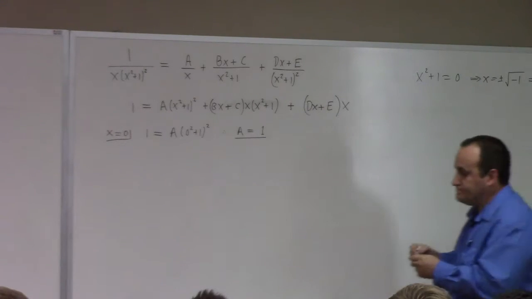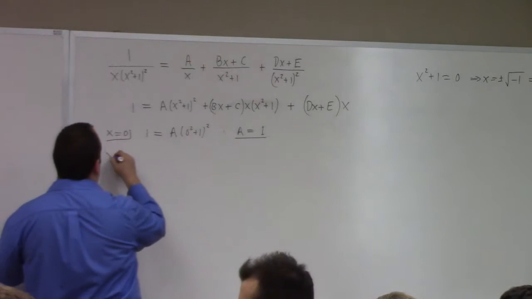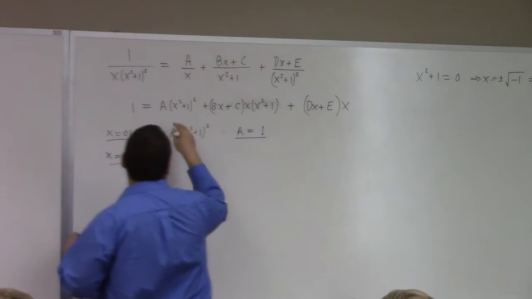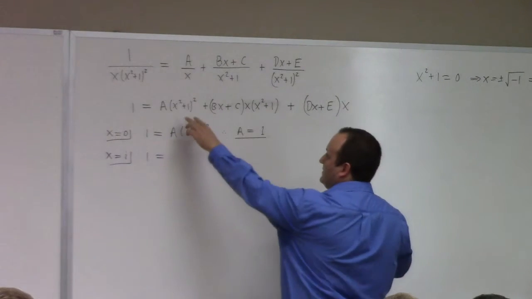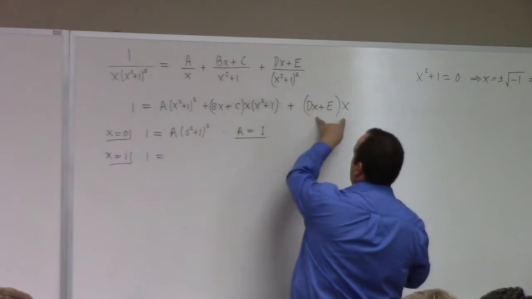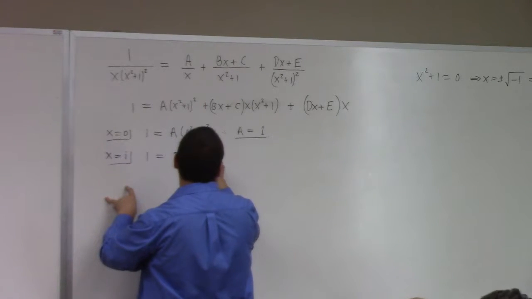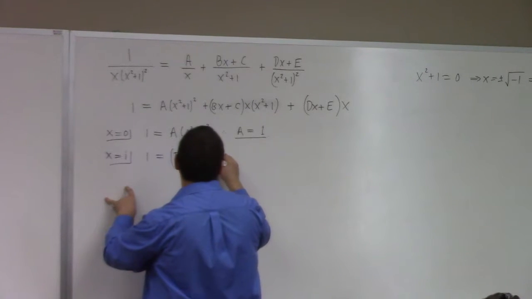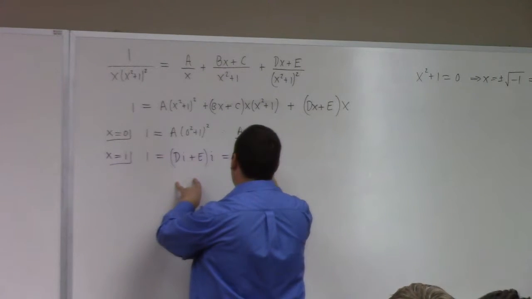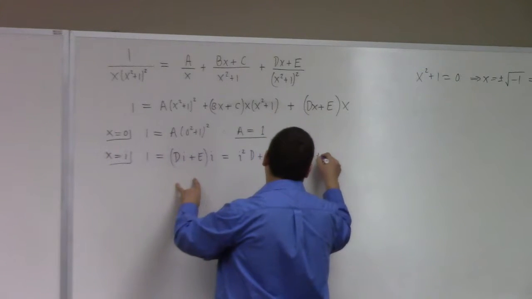For example, if I put x equals i, we get 1 equals, see, x equals i makes this 0 and makes that 0, and it makes this over here (d times i plus e) times i, which if you multiply out is i squared d plus ie, also known as minus d plus ie.